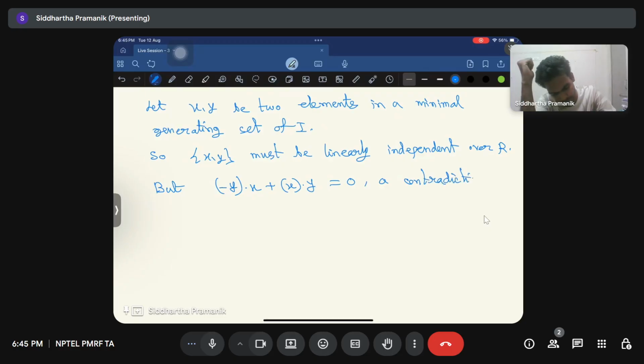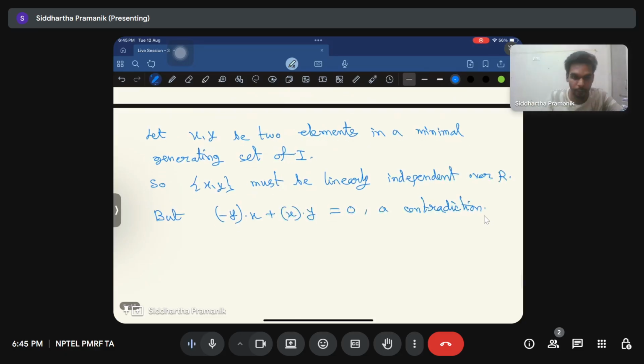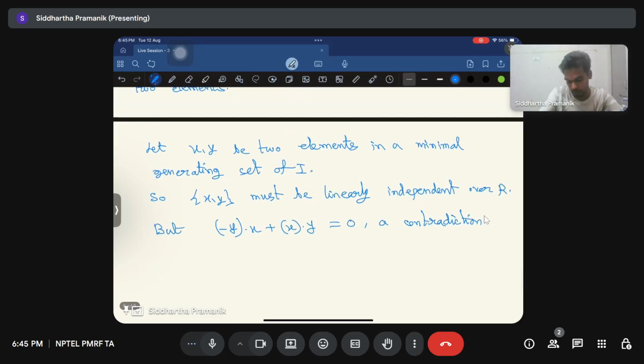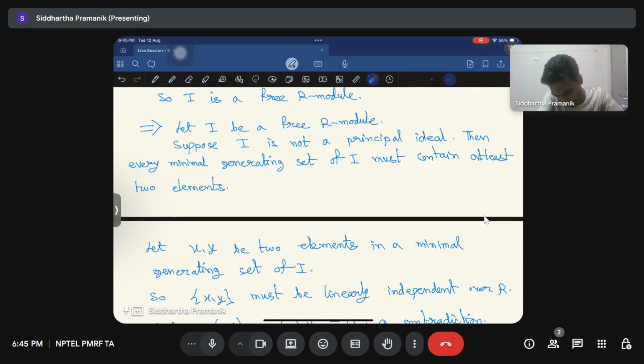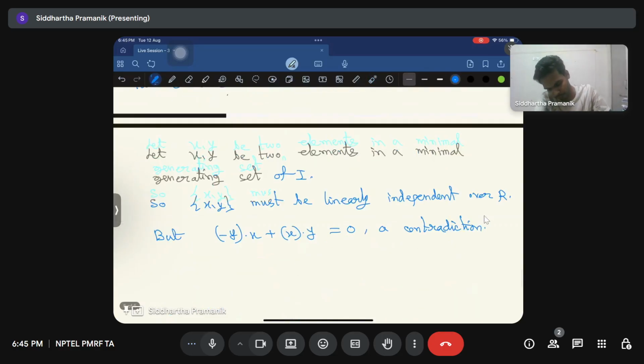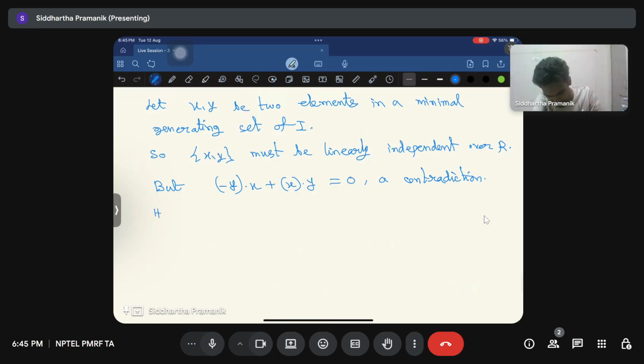So that means what we have assumed is wrong. So what is wrong here? We assumed that I is not a principal ideal. So that thing is wrong. So hence I is a principal ideal.